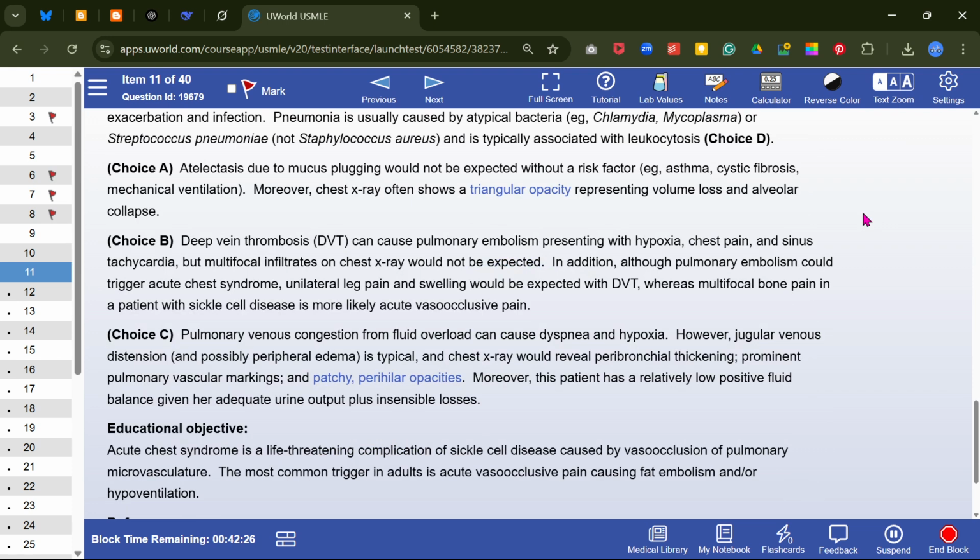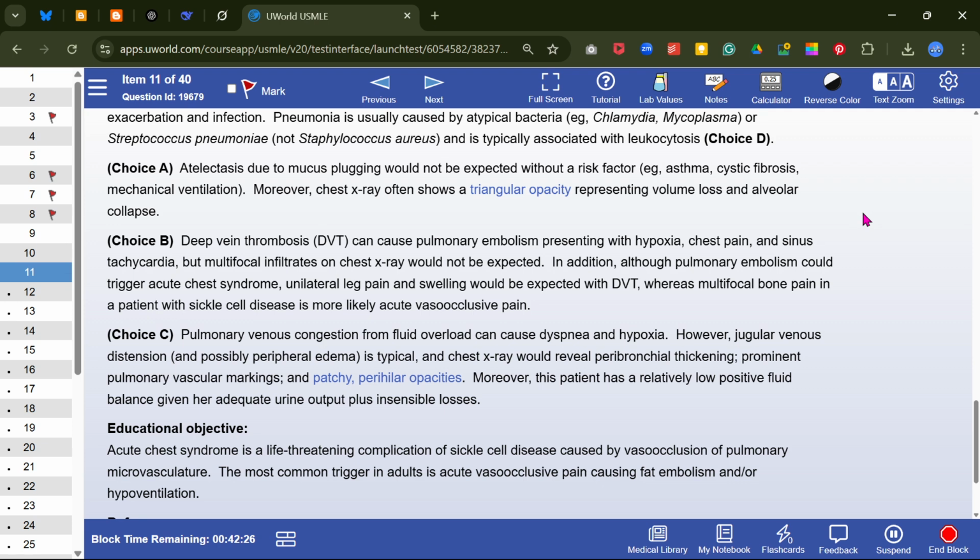Pulmonary venous congestion from fluid overload can cause dyspnea and hypoxia. However, jugular venous distension and possibly peripheral edema are typical, and chest X-ray would reveal peribronchial cuffing.